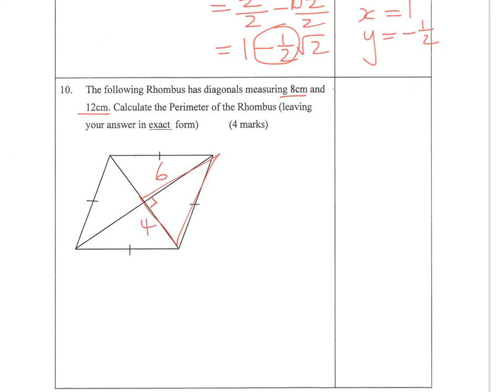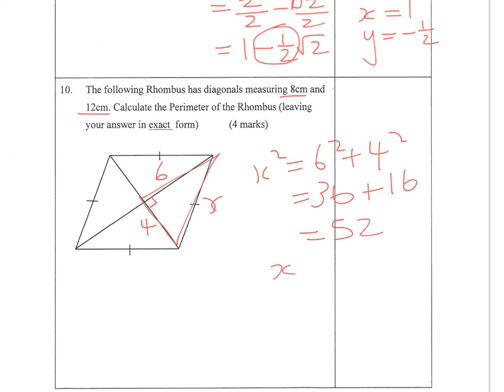Okay, now if we use Pythagoras, x squared equals 6 squared plus 4 squared, which gets us 36 plus 16, which gets us 52. So x will be the square root of 52. And 52 can be divided by 4 times 13, which gets us 2 root 13.